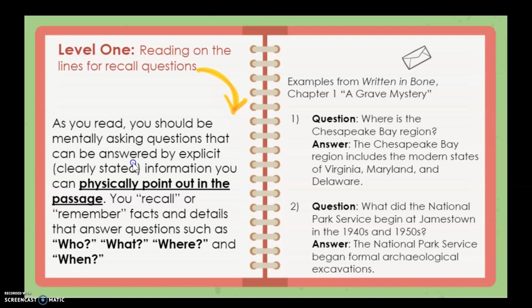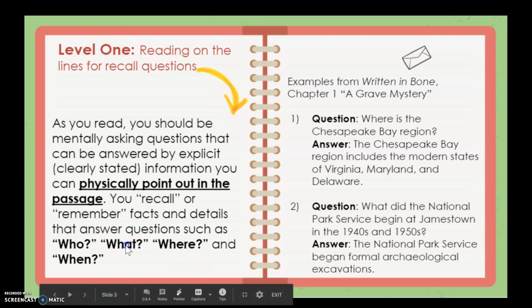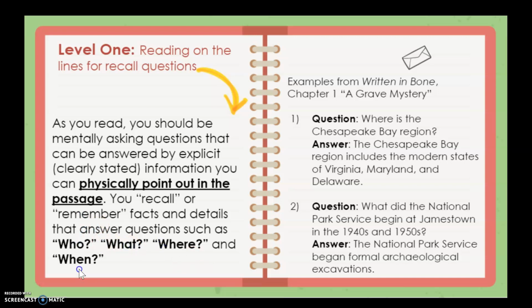When I say explicit, it means that it's clearly stated in the text. I can point it out, I can find that information, and I can say, look, here it is in the story. I can physically point it out in the passage. You recall or remember facts and details that answer questions like who, what, where, when.